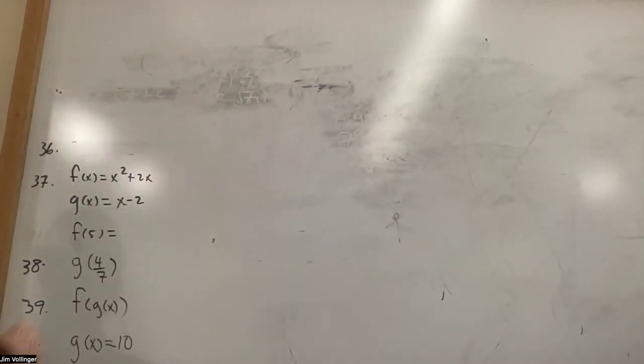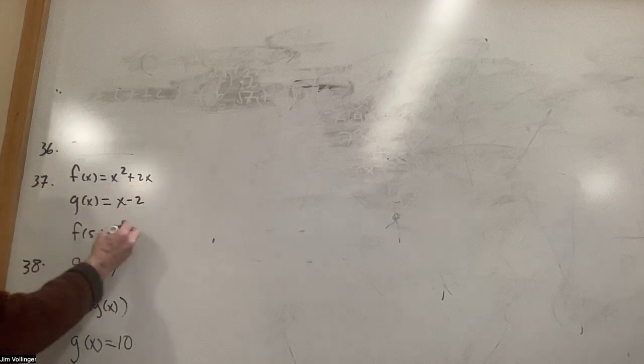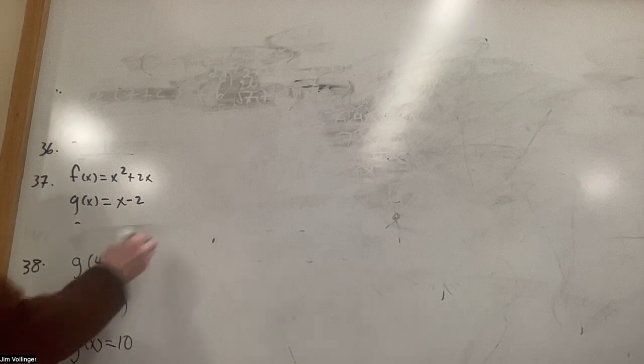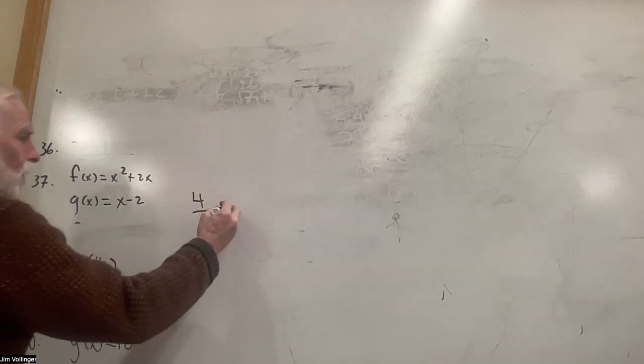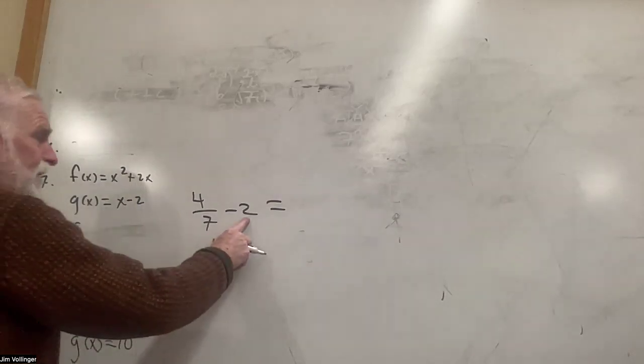All right, f of x, g of x. What's f of 5? I think I better plug in 5 to the f calculation, not the g. 5 squared is 25 plus 10 is 35. That's what that was. g of 4/7. Why are we doing that? A lot of students, because of COVID, poor elementary school education, don't know how to do that. They can learn pretty easily. What's another way of writing 2?